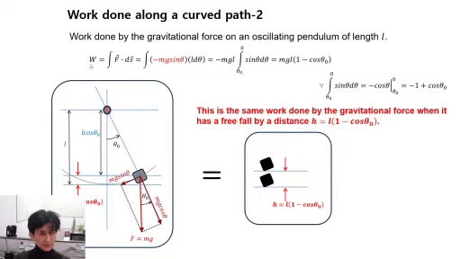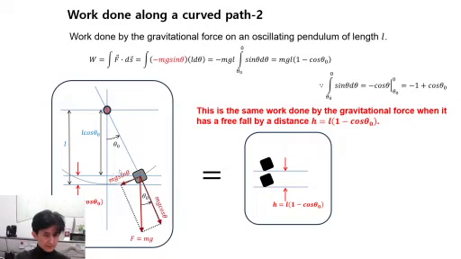Once again, work is defined as force dot product with ds, and the force, with the same analogy, if there is a gravitational force downward, mg, then the force acting on this object is minus mg sine theta.